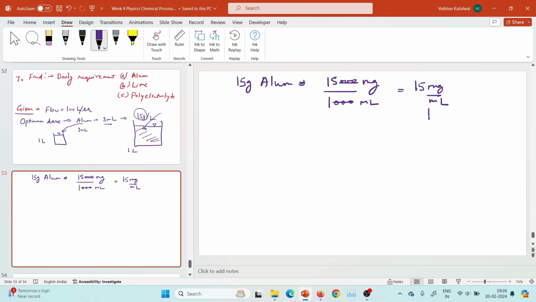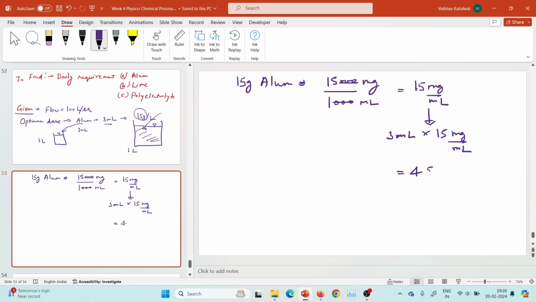And then we are adding 3 ml, which means 3 ml into 15 milligram per ml.